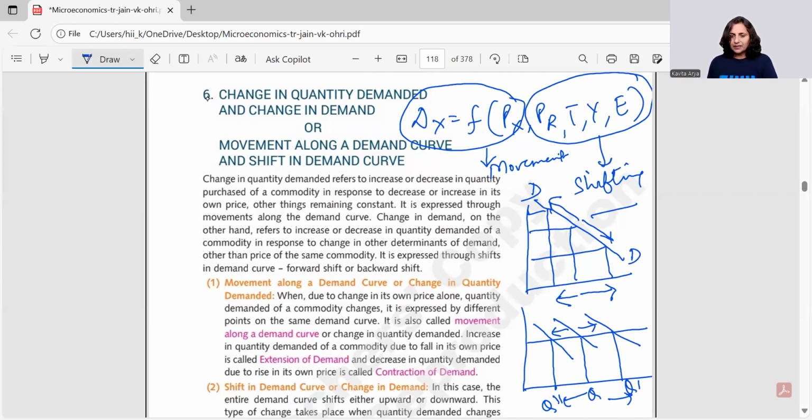Please make sure that you understand that shifting means altogether new change, new place of the demand curve is there. While in movement, the movement only talks about the different point of reference. Earlier, the demand was this A, now the demand is this B, and now is this demand C. Right. But here the shifting means the demand is altogether shifted to right or to left.